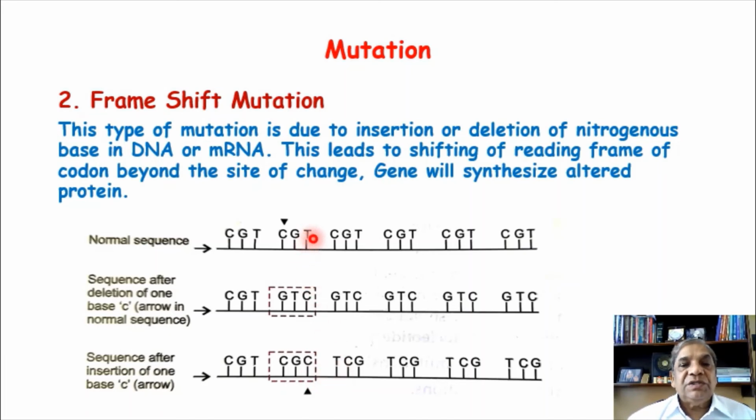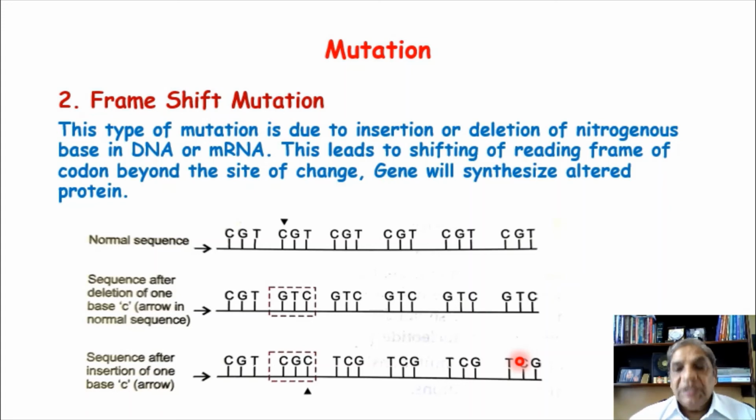This T which was in the normal sequence has been shifted to the new code, and thus this whole sequence downstream in this chain will have an altered code, and this is said to be the frame shift mutation.